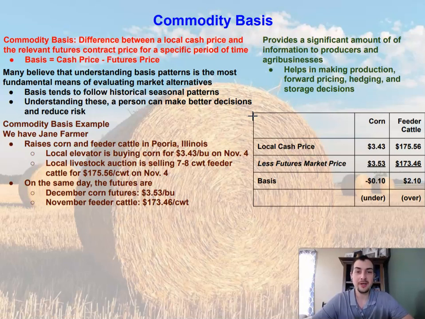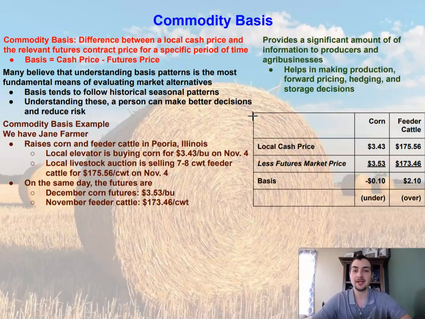Knowing that principle and how it works can give you better insight into whether you should forward price or engage in a futures contract. Another positive aspect is that it can help in predicting the local cash price.